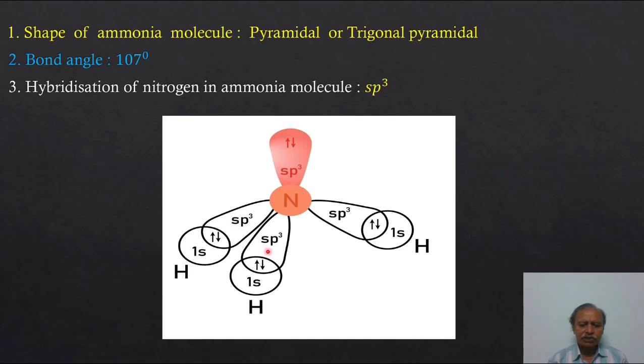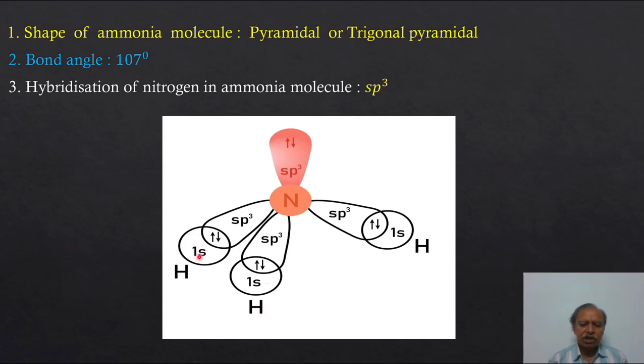Now each one of these overlaps with the half-filled s orbital of 3 different hydrogen atoms. This is the first hydrogen atom with half-filled s orbital overlapping with the sp3 hybrid orbital of the nitrogen atom to form the N-H bond. This is the second hydrogen atom with half-filled s orbital overlapping with the sp3 hybrid orbital of the nitrogen atom, so this is the second N-H bond.